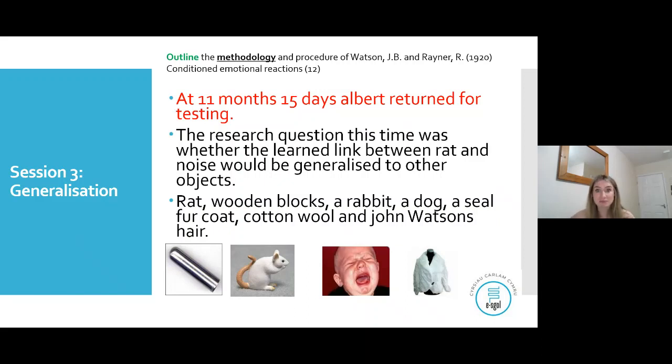So they would test it. They would give him the wooden blocks in each condition and they would see what he would do and he would play with them. Fine, wouldn't bother him at all. So it really told them that, oh, this is working and we are actually making him scared of objects that are white and furry. We're not just making him scared of absolutely everything that we hand him.